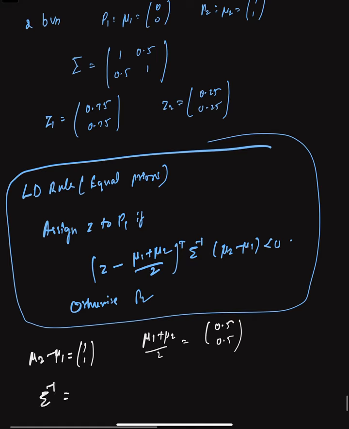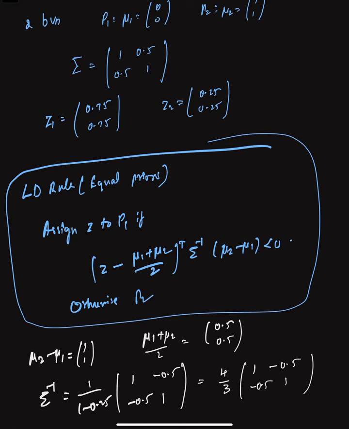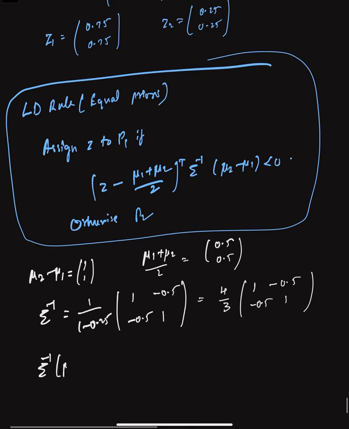Sigma inverse I can also find, which is 1 by (1 minus 0.25) into [1, minus 0.5; minus 0.5, 1]. That is 4 by 3 into [1, minus 0.5; minus 0.5, 1]. So sigma inverse times (mu2 minus mu1) will be 4 over 3 into (0.5, 0.5), which is (2 by 3, 2 by 3).